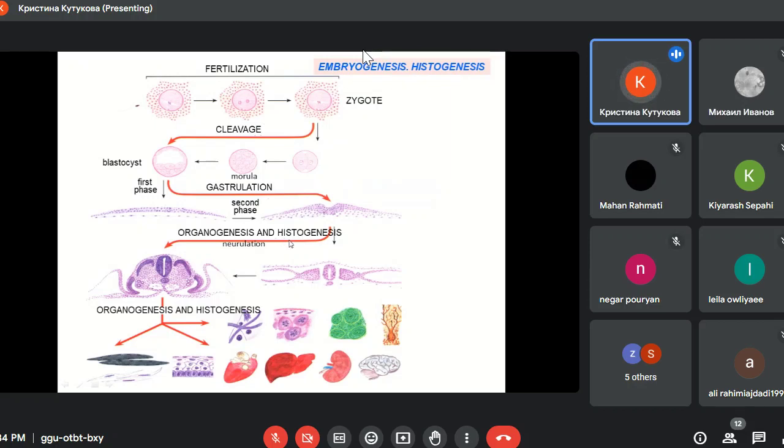Histo means tissues, organon means organs, and genesis means development. So development of organs and tissues starts. For example, neurulation takes place, which is the name for the development of the neural tube, the germ of brain and spinal cord. And then organs start to develop, which are shown here.